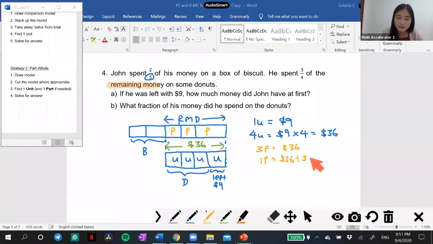What do you have? 12. Okay, then let's go back to the question. How much money did John have at first? At first means how many parts? Right, in total, you have to find 5 parts.